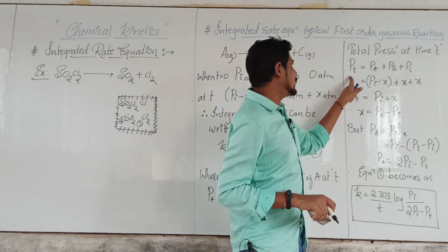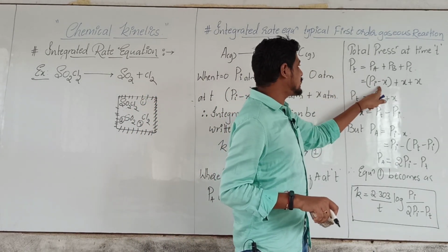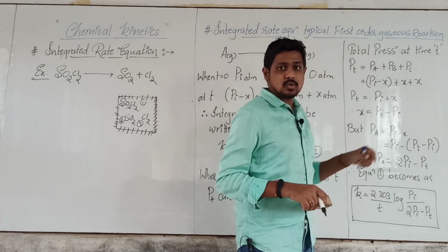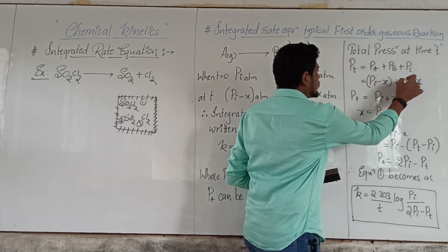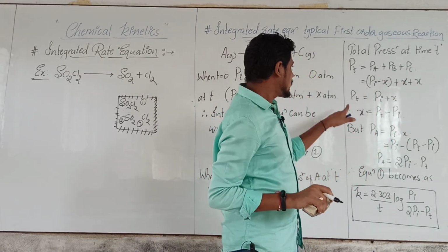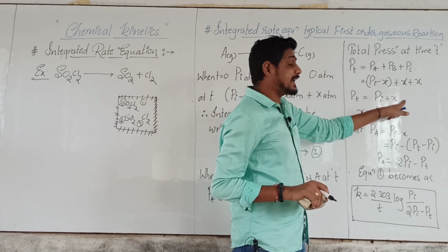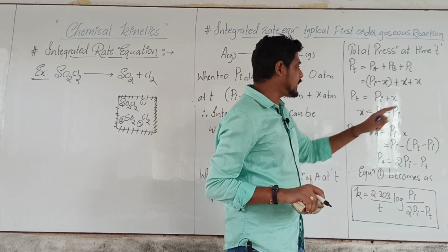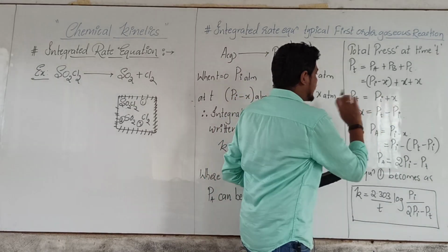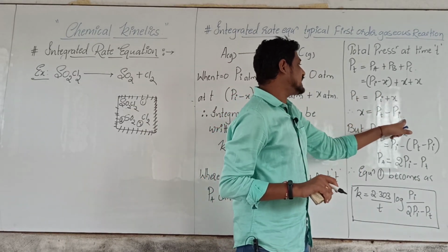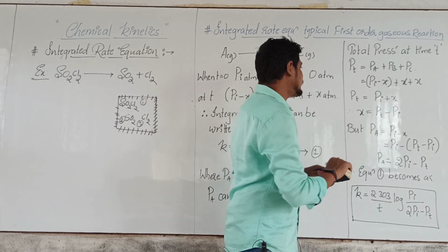On solving, the X will cancel, and we get P total equal to initial pressure plus X. Then X is equal to P total minus P initial. This is the value of X.